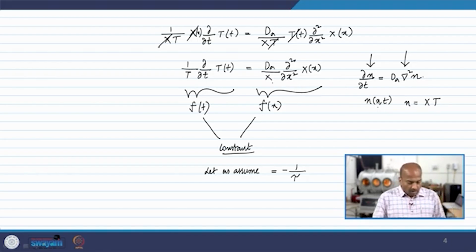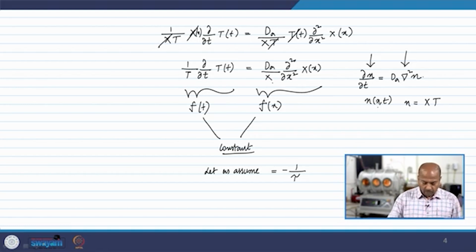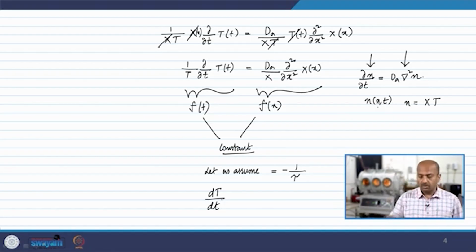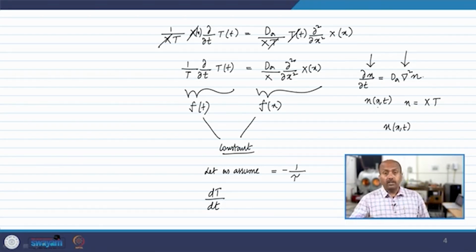Since you assumed this constant to be minus 1 by tau, we can say that dT by dt. Now, there is no need for any partial derivative, because capital T is only a function of time. Earlier n used to be a function of x as well as t, so you have to take independent derivatives while keeping the others constant. That derivative is nothing but the partial derivative.